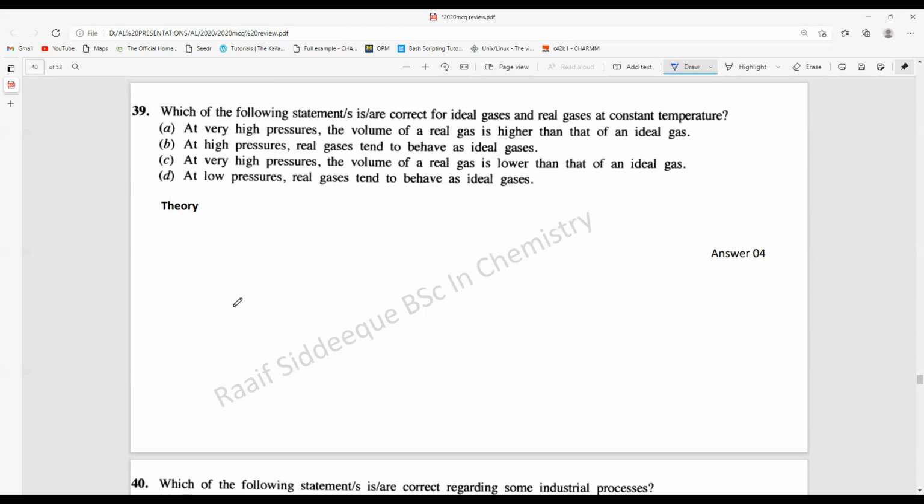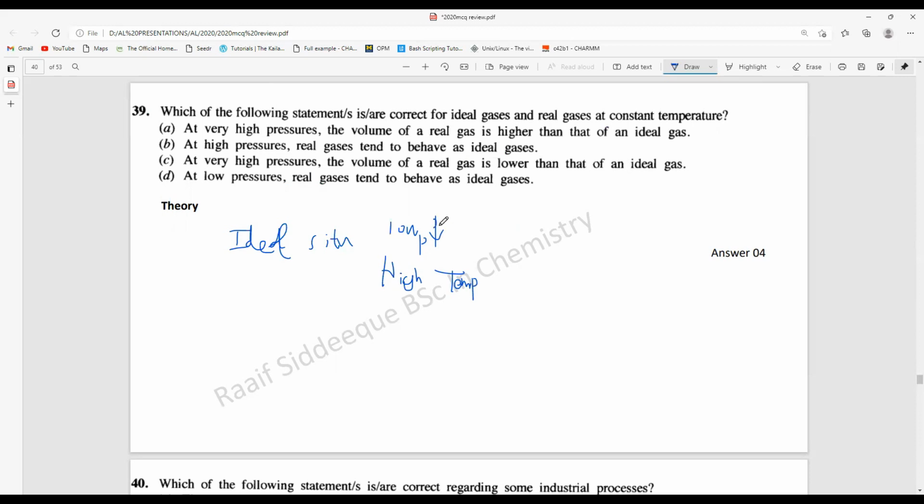So typically, I will write down the ideal situation. Ideal situation is low pressure and high temperature.